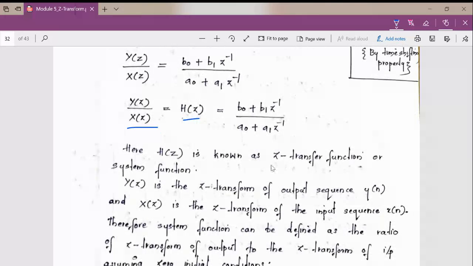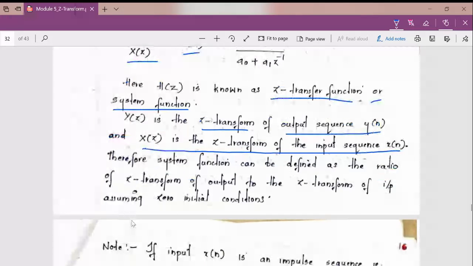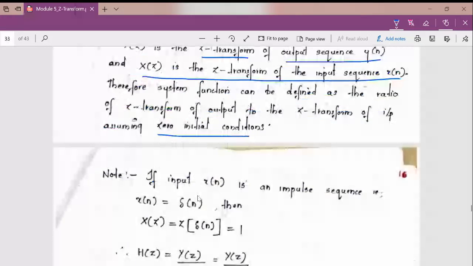So H of z is known as the Z transfer function or system function, where Y of z is the Z transform of the output sequence y of n, and X of z is the Z transform of the input sequence x of n. Therefore the system function can be defined as the ratio of the Z transform of output to the Z transform of input, assuming zero initial conditions.